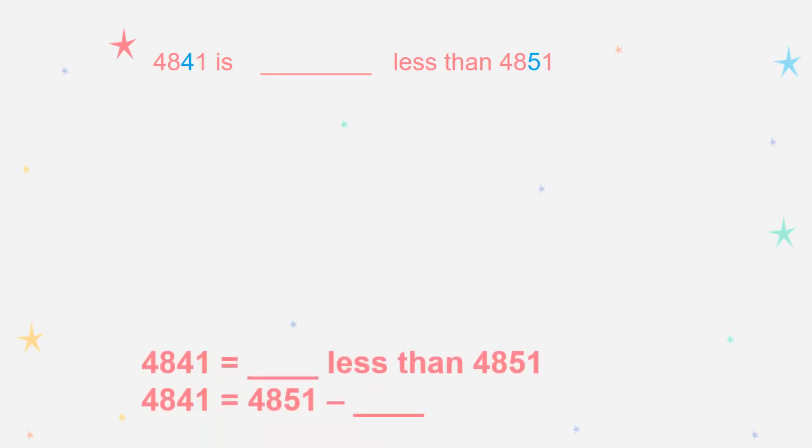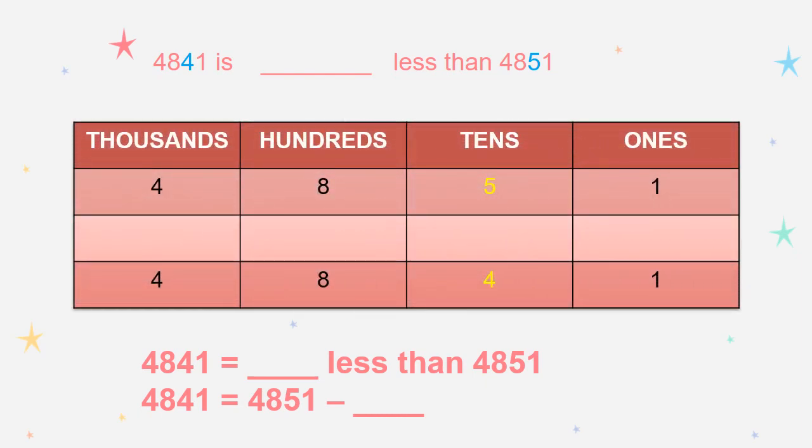Because it is less than, right? So I write first at the table 4,851. The first line, 4,851 minus how many becomes 4,841? The thousands place is already the same, 4. The hundreds place is the same, 8. The ones place is the same, 1. Only the tens place is different.